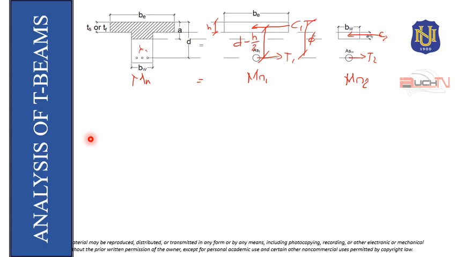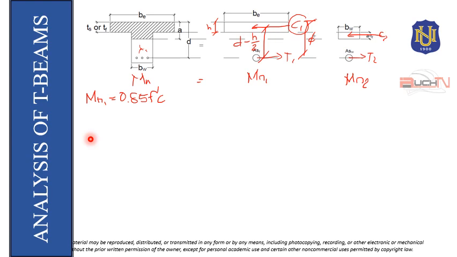So that means we can say that the first nominal moment capacity of a T-beam will be equivalent to, that is a value, so we should get it from the compression here. So that will be 0.85 f'c.